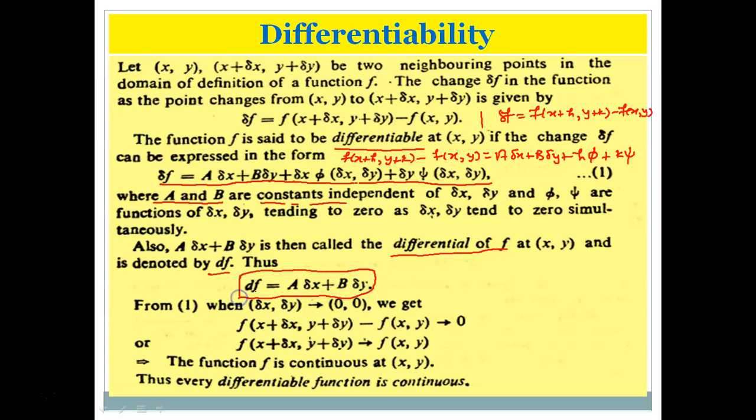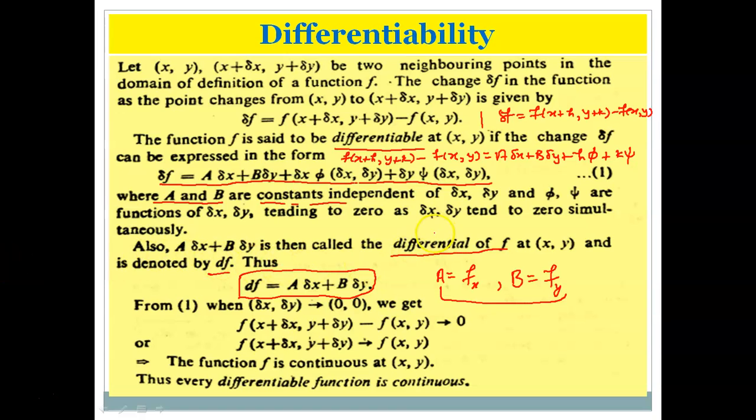So this df is called the differential, and in fact a is the partial derivative of f with respect to x, and b is the partial derivative of f with respect to y. This is a fact you need to keep in mind for numerical problems.